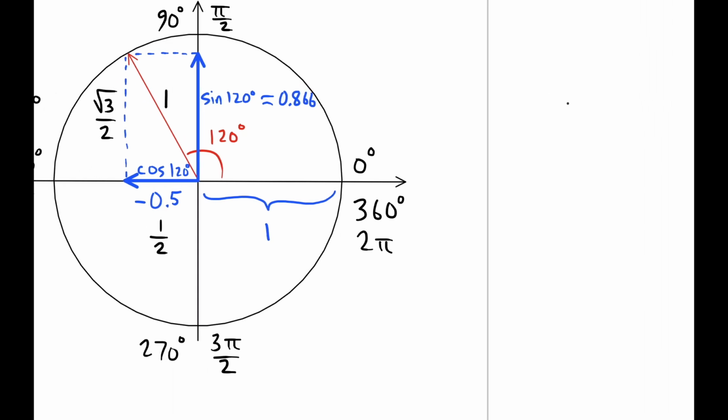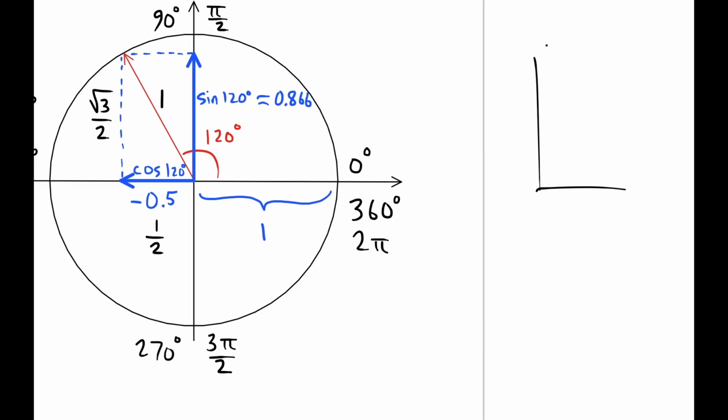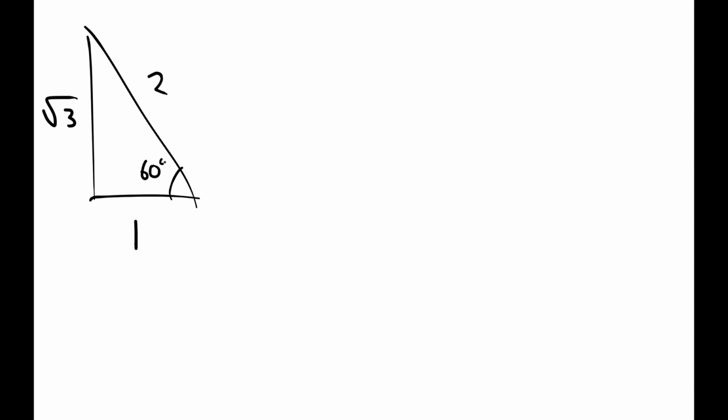Some people also memorize these ratios as being 1, 2, and radical 3, where the angle here is 60 degrees. This is a 90-degree angle, and this little angle is a 30-degree.